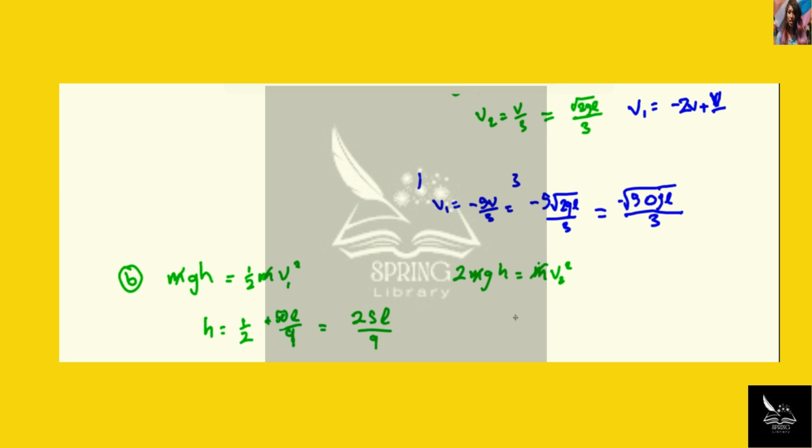So the m's are going to cancel. And we're going to have gL over 9.